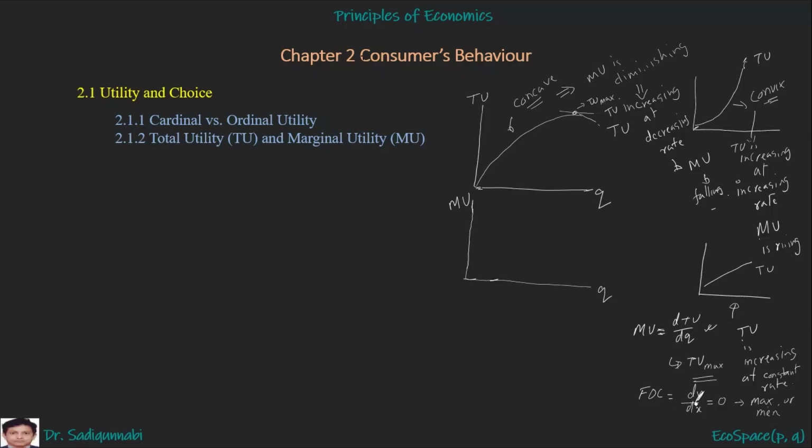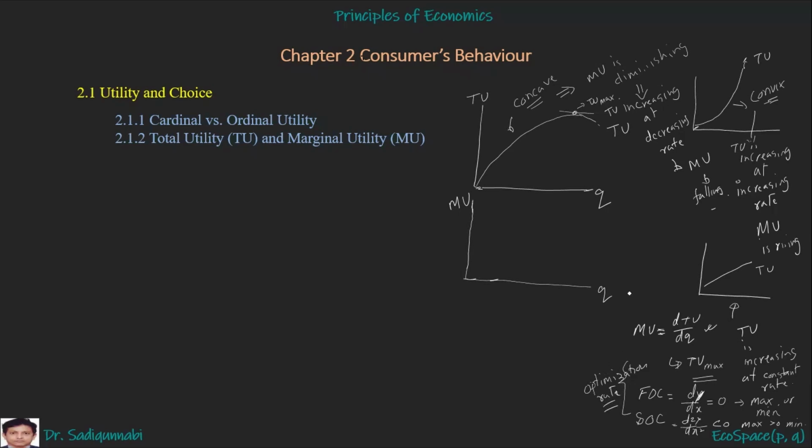In order to determine whether it is max or min, you have to take the second derivative, or SOC, the second order condition, d2y/dx2. When the second derivative is negative, then it is max. When the second derivative is positive, the curve is taking a min. So this is called the optimization rule.